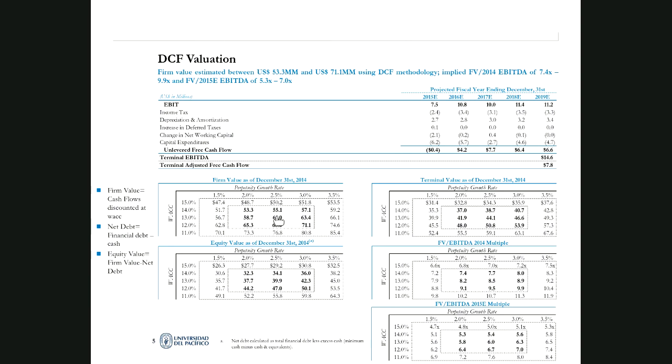What are the multiples implied for this valuation? So 61 million firm value, I'm sorry about that, 61 million firm value divided by 2014 EBITDA of this company, so real figure, I get a multiple of 8.5 times. So 8.5 times firm value to EBITDA.